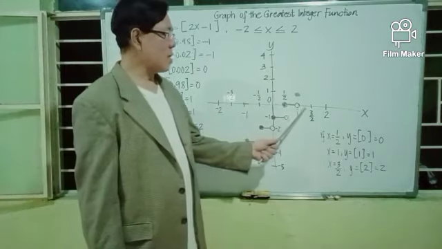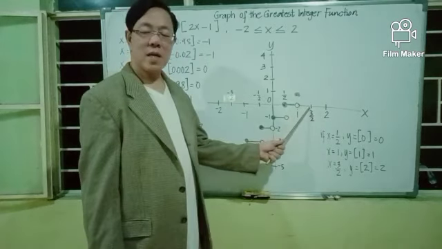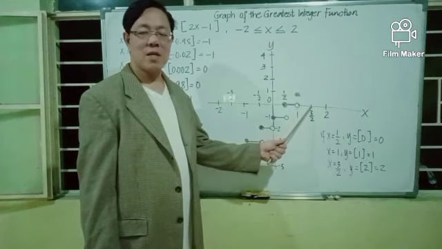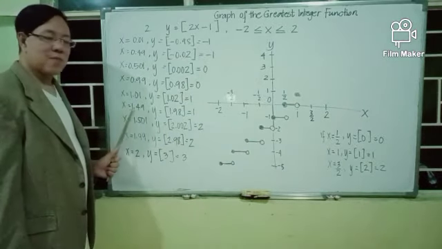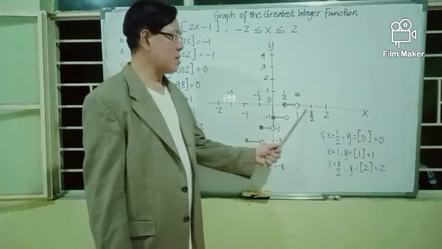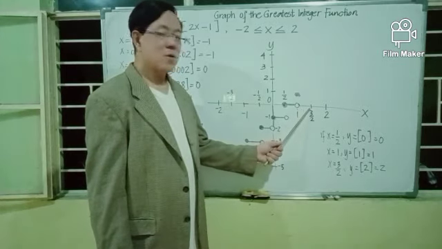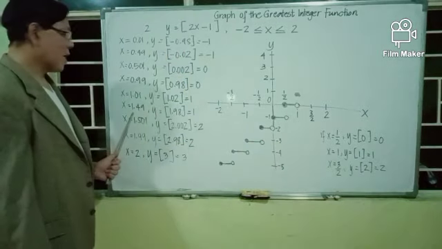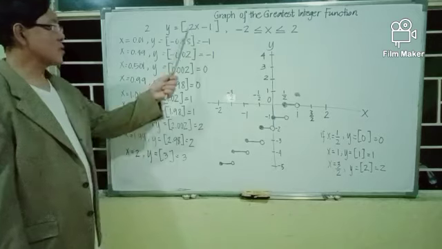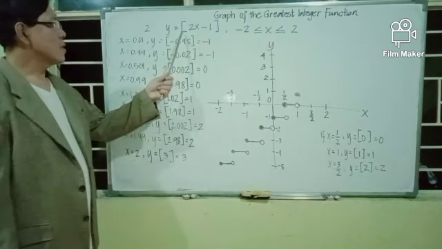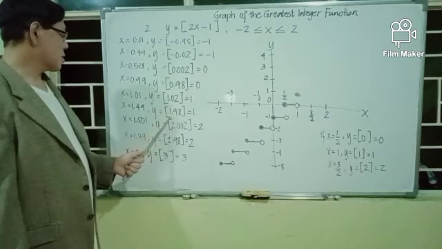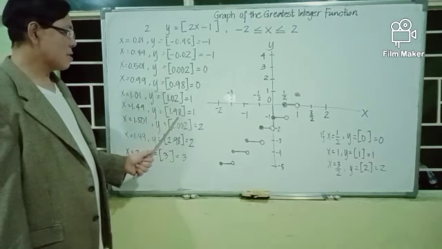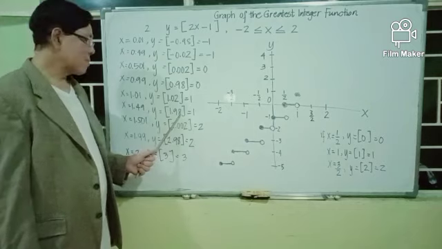Now I will take a real number very close to 1.5 but not equal to 1.5. I would let x equals 1.49. 1.49 is in this interval, very close to 1.5. If x is 1.49, substitute in the given function 2 times 1.49 minus 1, and you should get 1.98 using a calculator.